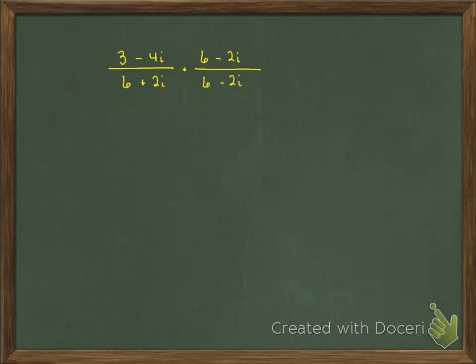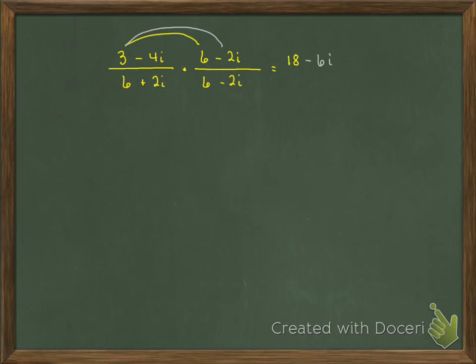Anything over itself is equal to 1. So when you multiply a 1 into your original fraction, you haven't changed anything. So now we will begin the FOILing process here. 3 times 6 is 18, and then we'll go from 3 to the -2i, so minus 6i.